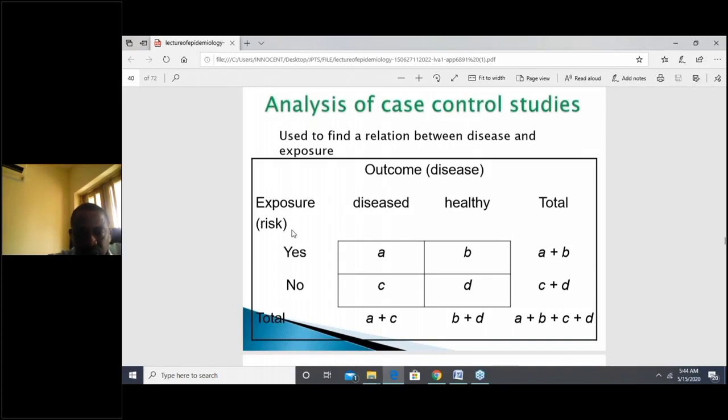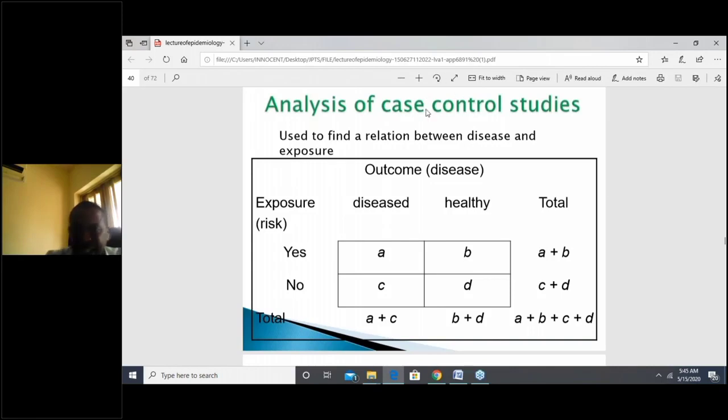You look at the exposure: exposure risk, yes; exposure risk, no. Are these people diseased? Yes. These are the controls, healthy. You take note of each of it, then you calculate.